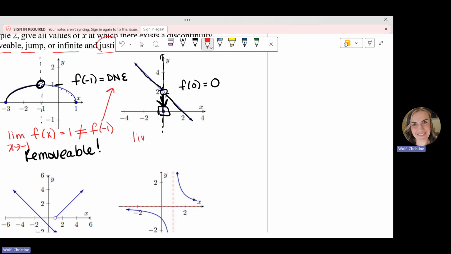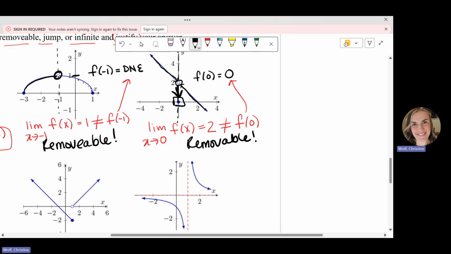I have the limit as x approaches 0 from both sides of this random function equaling 2. That was all good. But that is not the same answer I get when I check f of 0, because again, I checked and f of 0 was 0. It wasn't 2. And that is the definition of removable, when those two are not equal to each other.